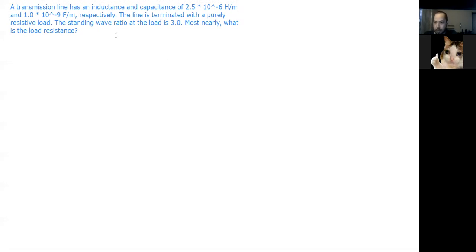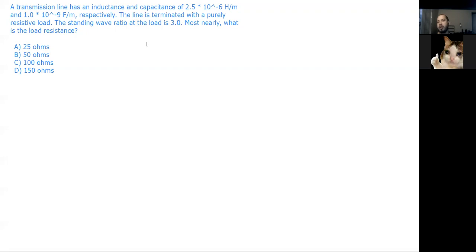Oh, oops, the options. Transmission. Okay, so we got ourselves a transmission line with an inductance and capacitance of 2.5 microhenries per meter and 1.1 nanofarad per meter respectively.